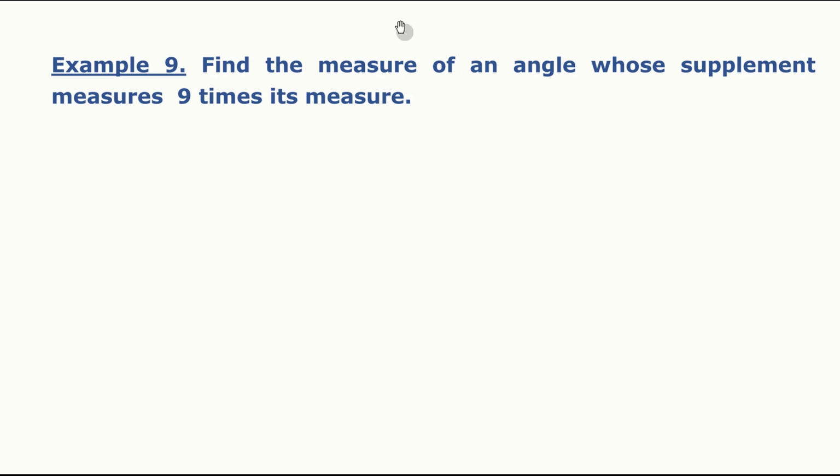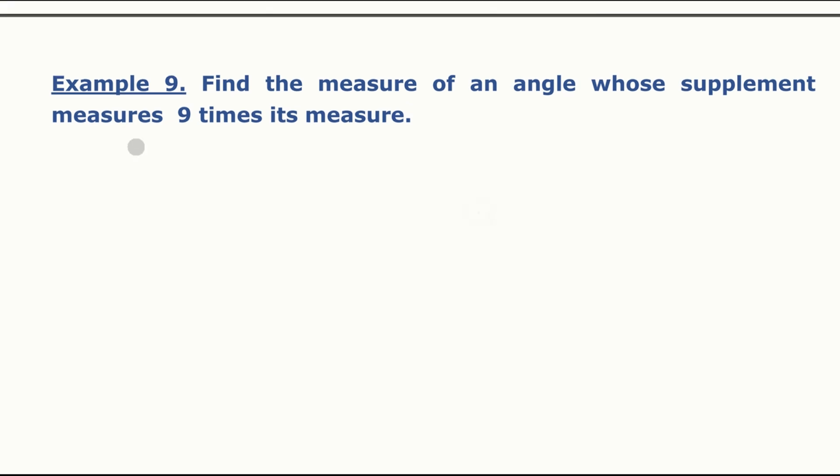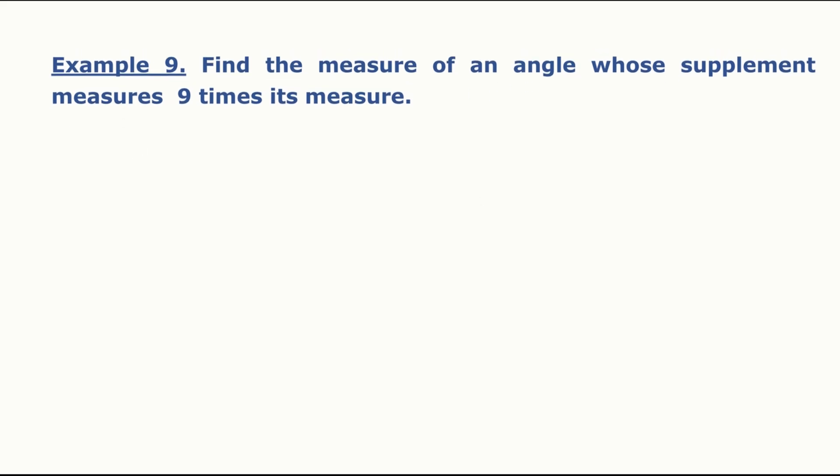So here we have a geometric type of application. We want to find the measure of an angle whose supplement measures 9 times its measure. First, we need to remember that if 2 angles are supplementary, like let's say angle A and angle B are supplementary, like this, then the sum of their measures is going to be 180.